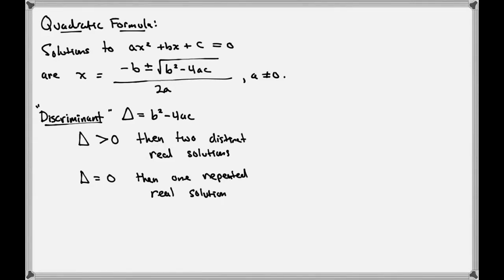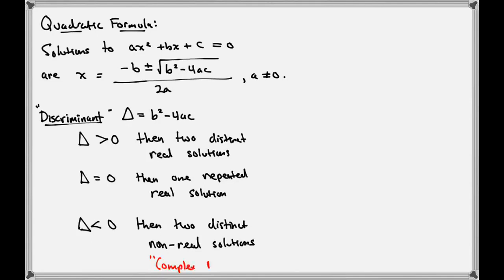It's a repeated solution or repeated root of the equation. And then if delta is less than 0, that means we'll see non-real solutions. They'll be complex numbers, but non-real numbers. And we'll talk about complex numbers in a little bit, and imaginary numbers to express those solutions.